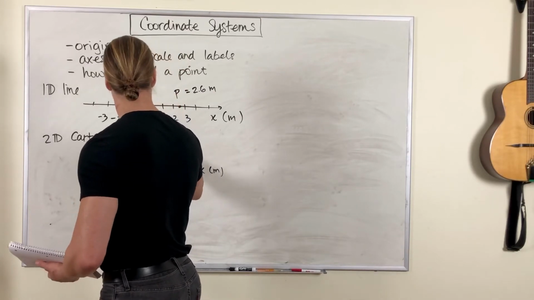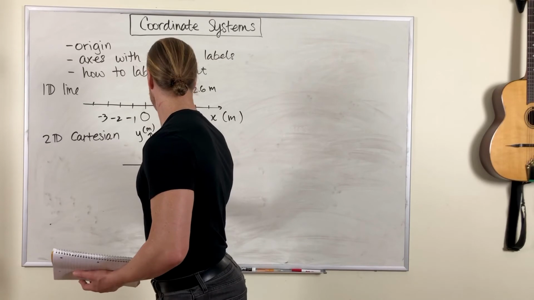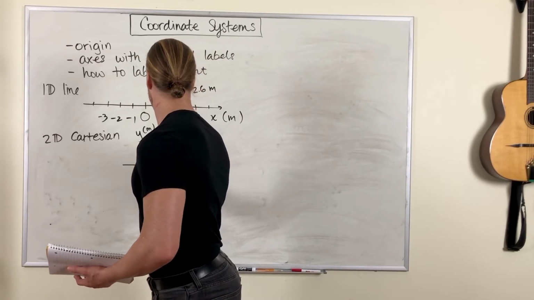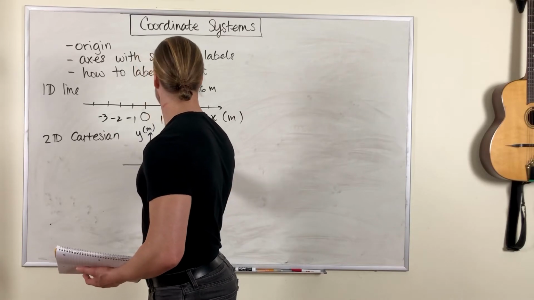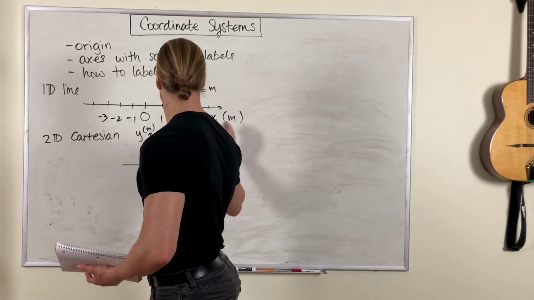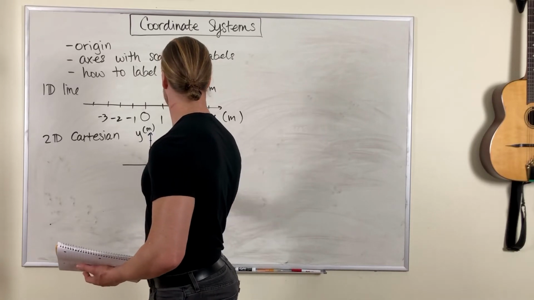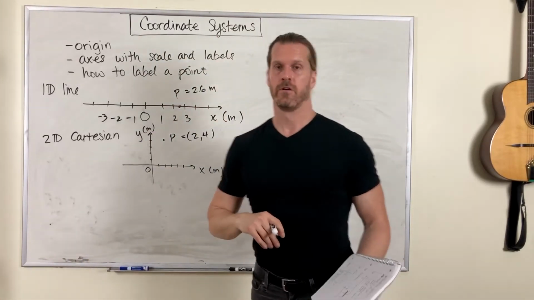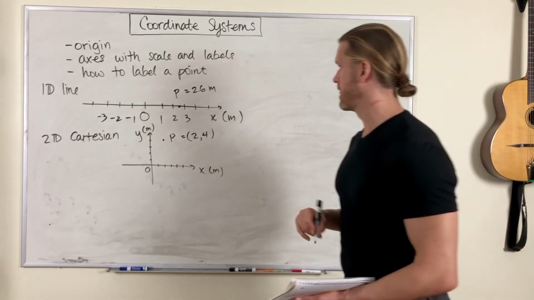Maybe we use meters again. And maybe we've got a point here. That's 2 along X and 4 along Y. That's how we specify the location of that point.